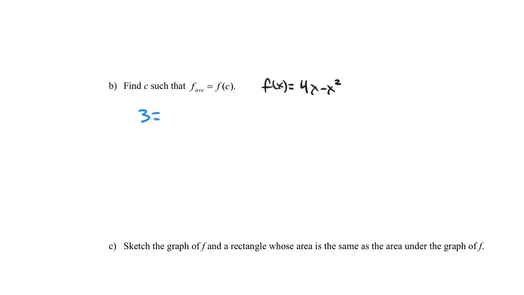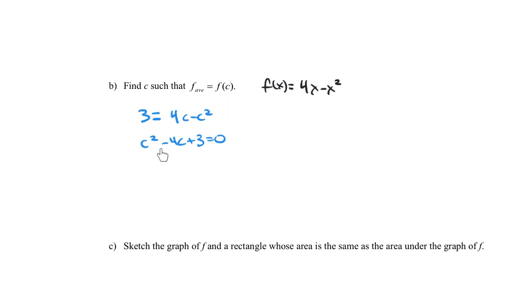Well, f of c is just going to be 4c minus c squared. Right, here's f of x. So I'm just going to plug a c in here and then solve this for c. To solve this for c, I am going to bring everything over here so I can have a positive c squared. So I'm going to add c squared to both sides, subtract 4c. So I would get c squared minus 4c plus 3 equals 0.